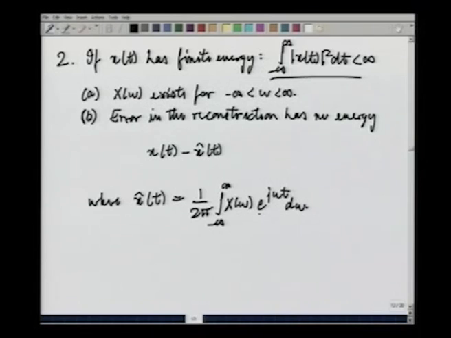This is x hat(t), and this is the reconstruction error, x(t) minus x hat(t).